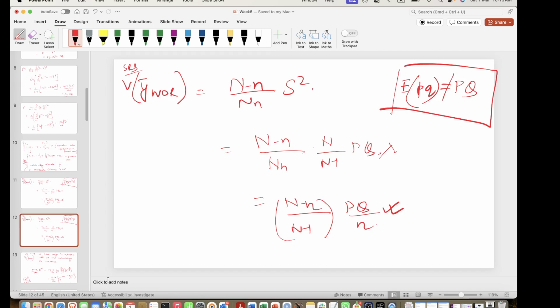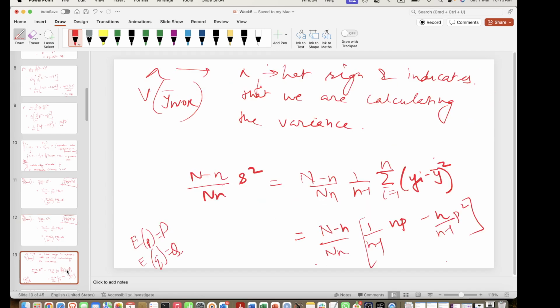Well, I made this mistake. Expectation of p equal to capital P is true, expectation of q equal to capital Q is true, but expectation of pq is not equal to P into Q.